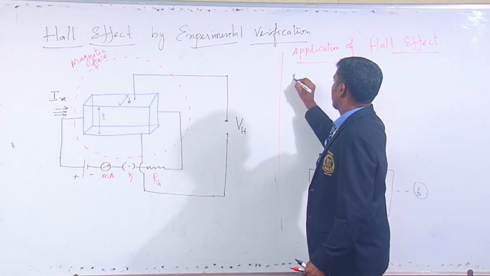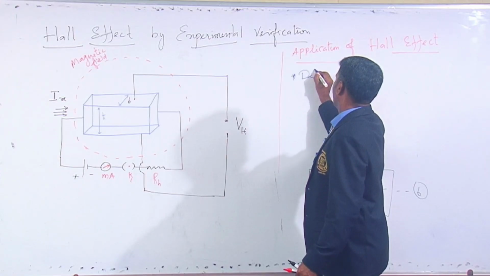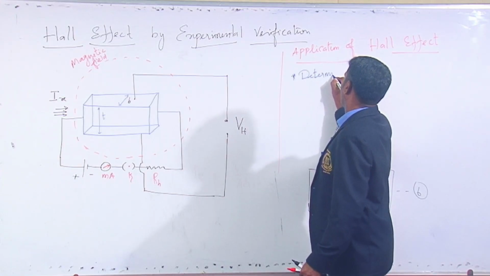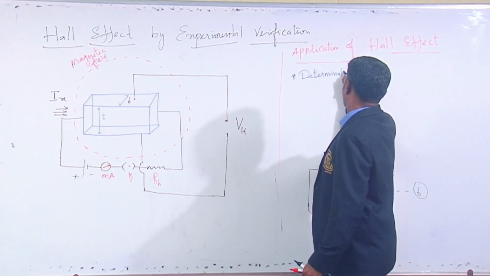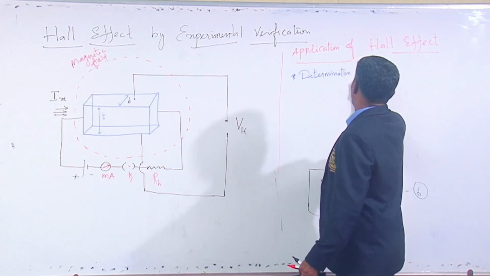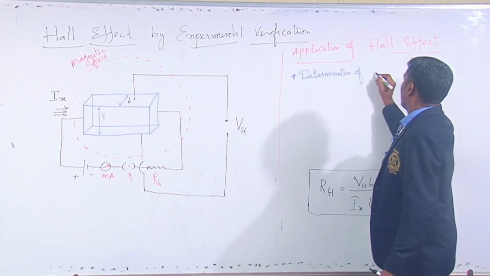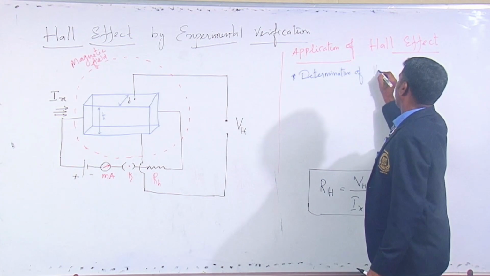First one is determination of the type of materials.